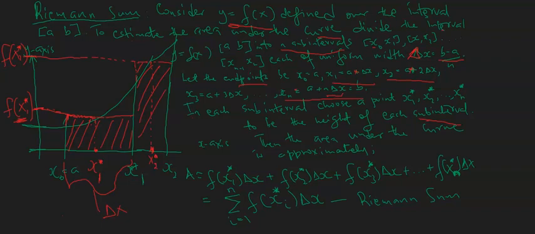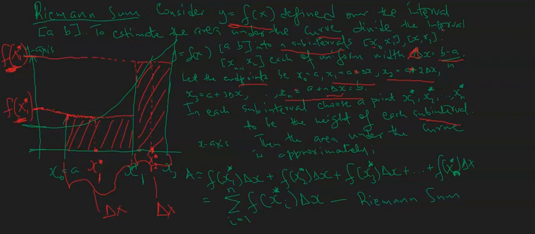The area of this rectangle will be height times width, and the height is f of x star 2, and remember the width again is delta x.